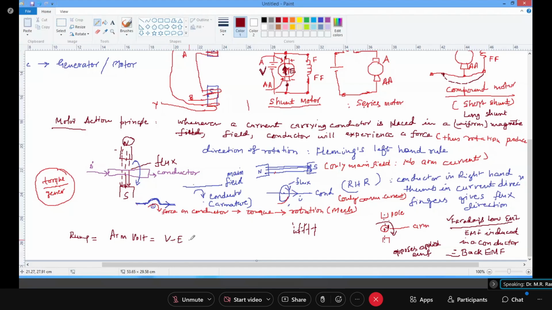The difference is given by IA RA, or you can write V equal to E plus IA RA.